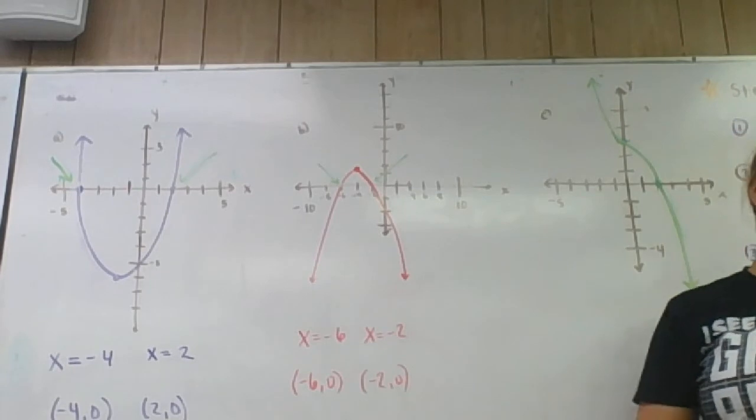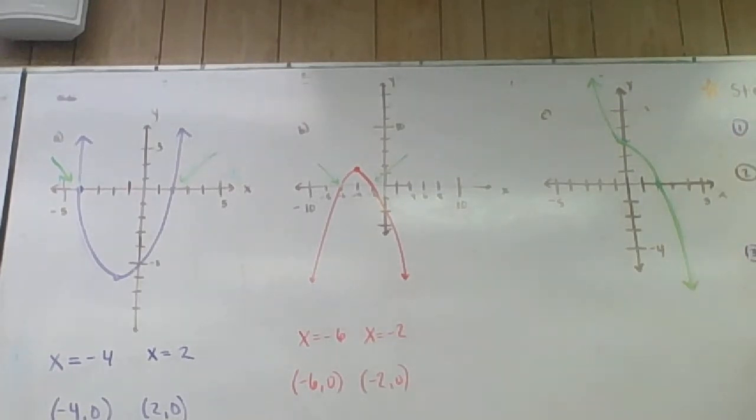But for Algebra 2, we really talk more about x-intercepts. X-intercepts are really valuable. So this is a cubic function. It's a third-degree function. We will graph these later this year. This one only shows one x-intercept at 2. Any questions about identifying x-intercepts?